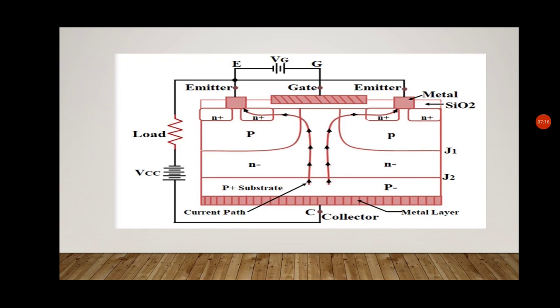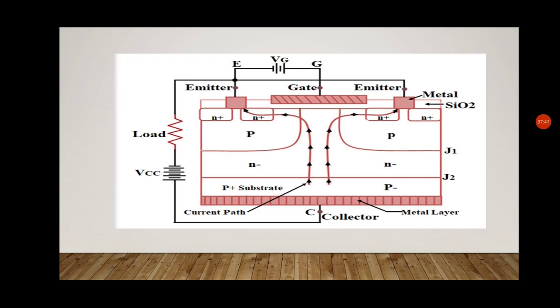This will cause the insertion of negative charge carriers in the P region. Higher the applied voltage VG, greater the insertion of negatively charged carriers. This will lead to a formation of channel between the J1 junction, which allows the flow of current from collector to emitter.